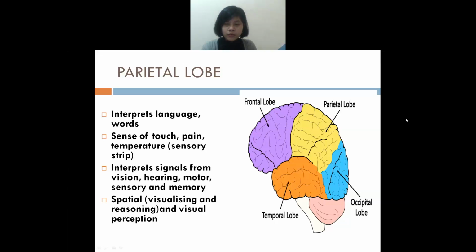And you'll also be able to reason why that thing is occurring. You will have the capability to know the thing. So the parietal lobe helps you in seeing and knowing all those things.